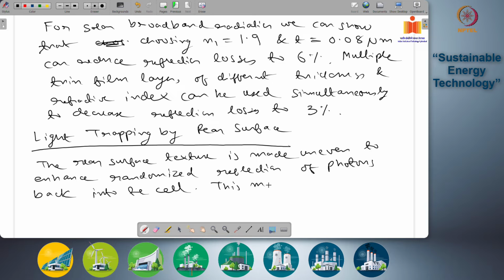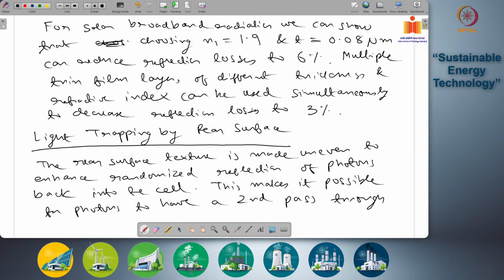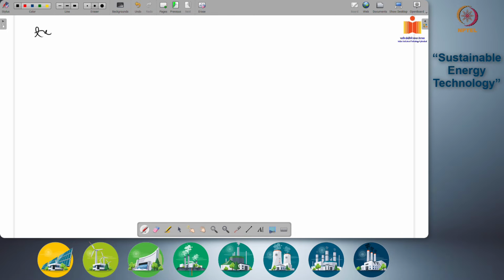This makes it possible for photons to have a second pass through the junction to maximize chances of absorption.